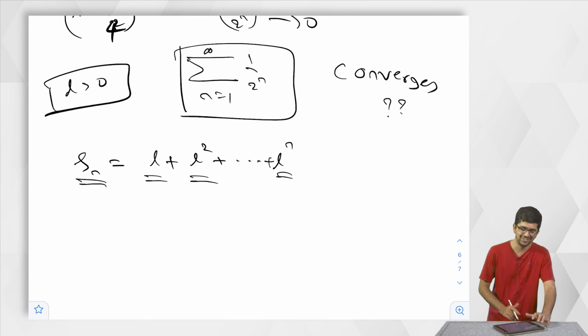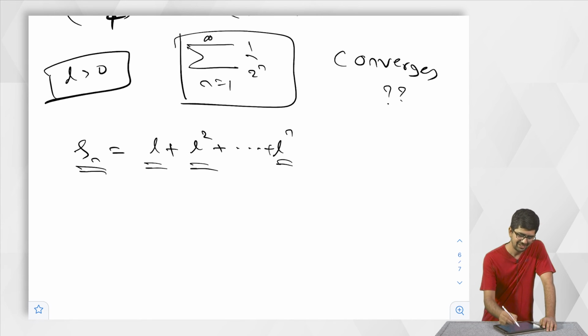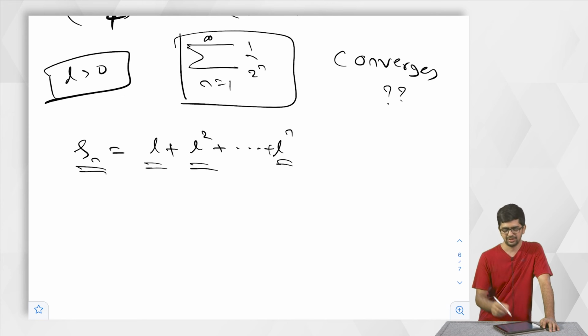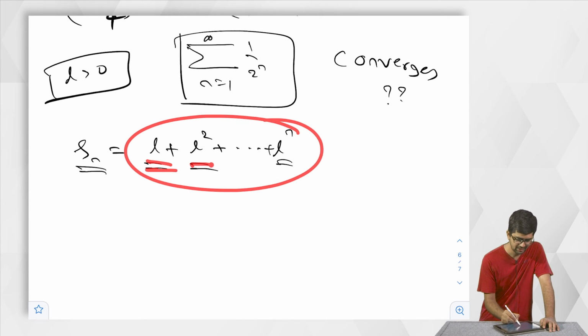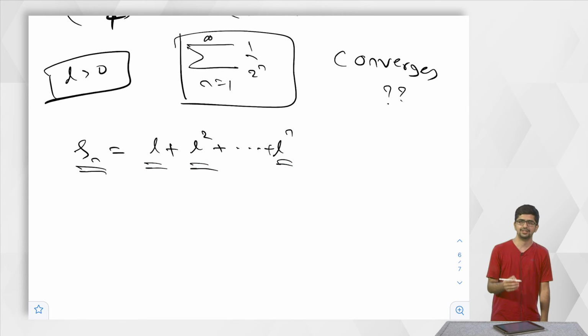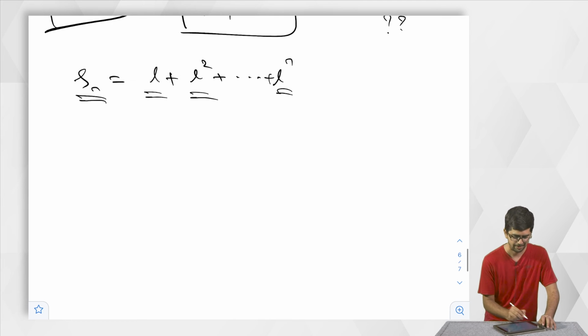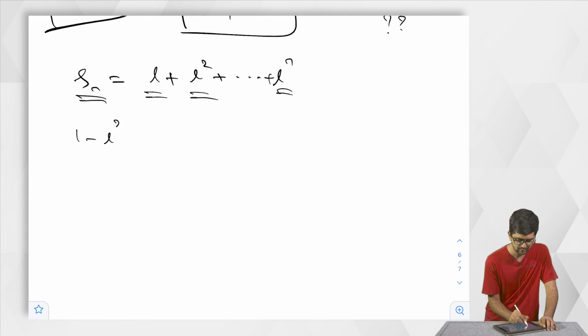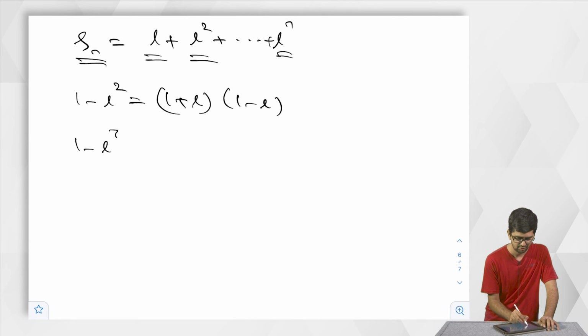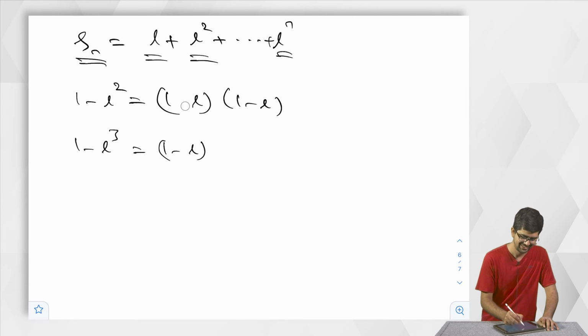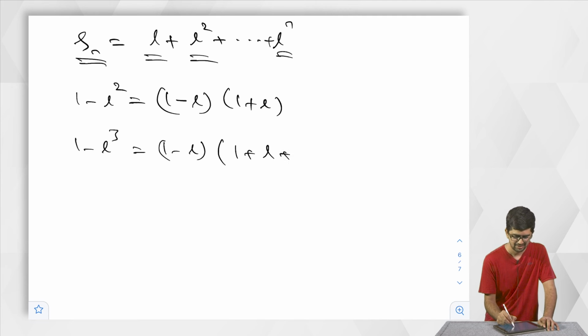Now what? I don't even know how to proceed. So the first thing that should come to your mind is whether there is another description for this sum. There are so many components here, so can I rewrite this in other terms? This is where the usual binomial theorem comes to help. What is 1 minus L square? This is 1 plus L times 1 minus L. 1 minus L cube is 1 minus L times 1 plus L plus L square.